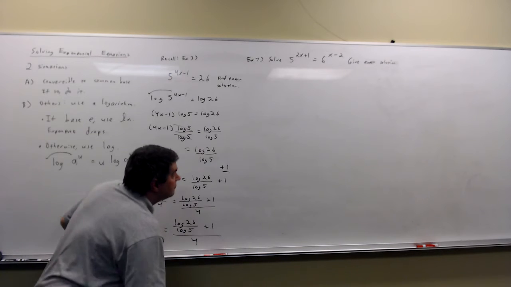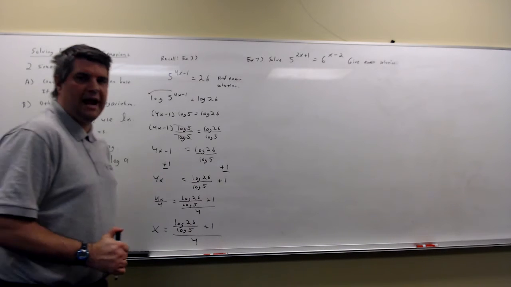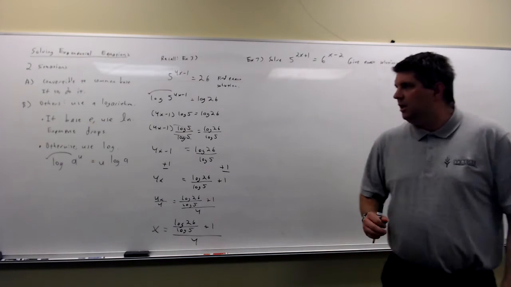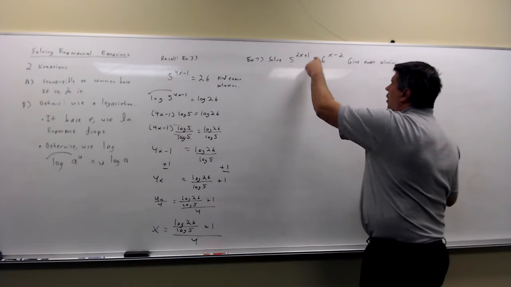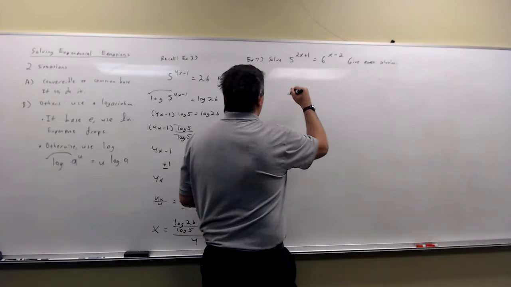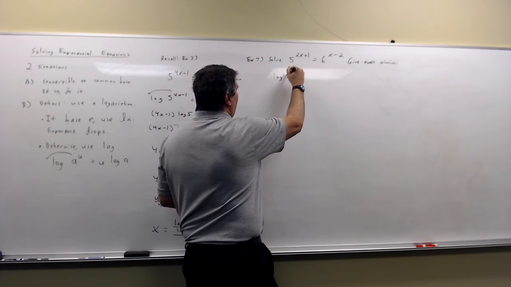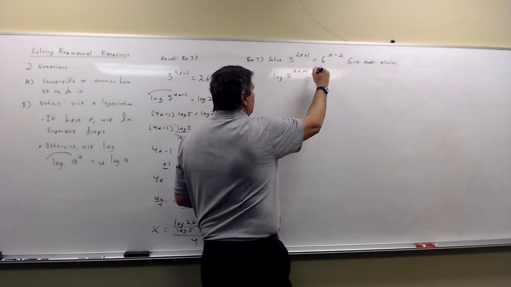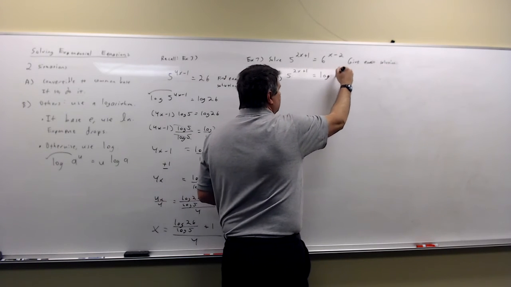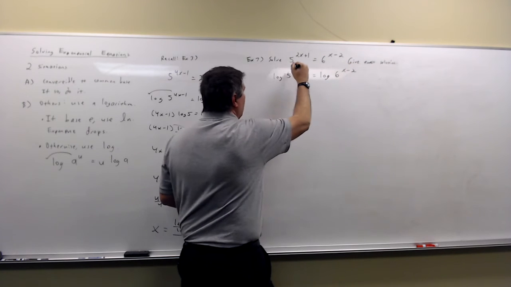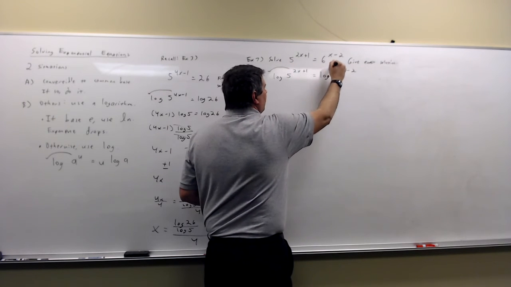Okay? Now, what we're going to have to do here is take the log of both sides. So, log of 5 to the 2x plus 1 equals log of 6 to the x minus 2. And these exponents are going to the front.